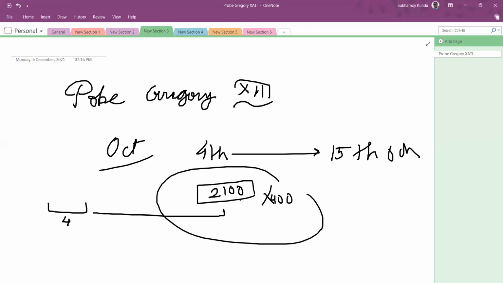Each 4th year will be a leap year, we add a day, but those centuries which are not divisible by 400 will not be leap years. That's how this idea was introduced.